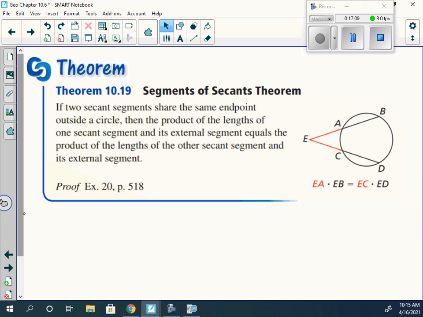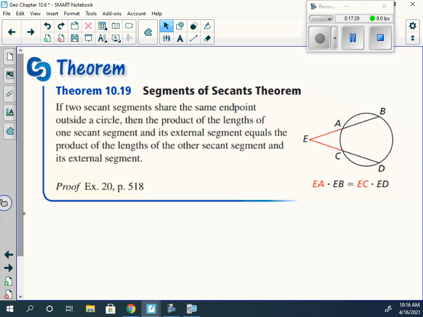And it works out that if two secant segments share the same endpoint outside of a circle, then the product of the length of the one secant segment and its external segment equals the entire length of the other secant segment times its external.